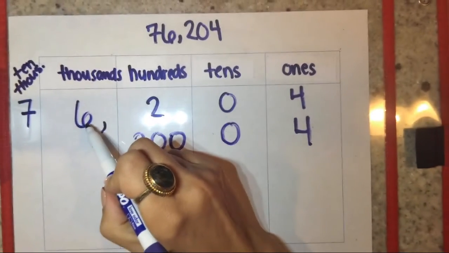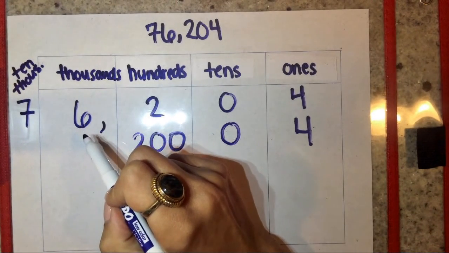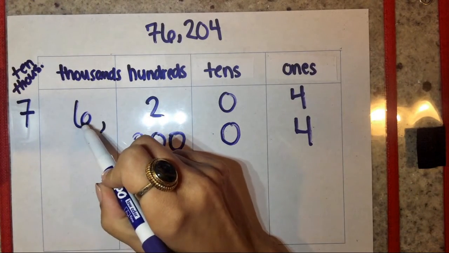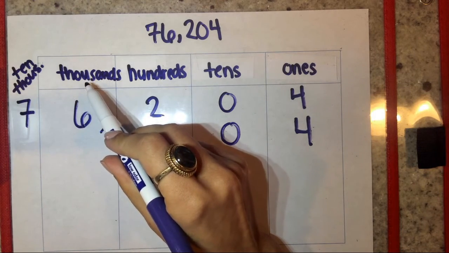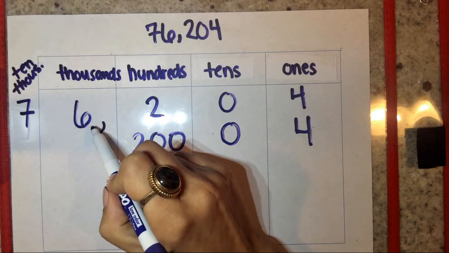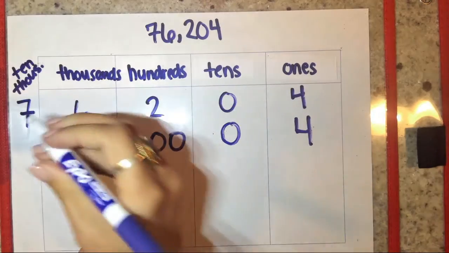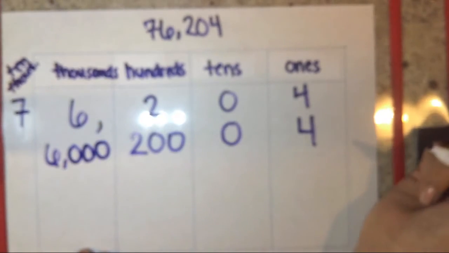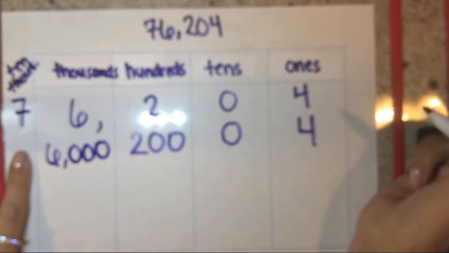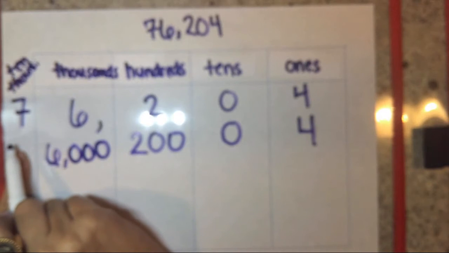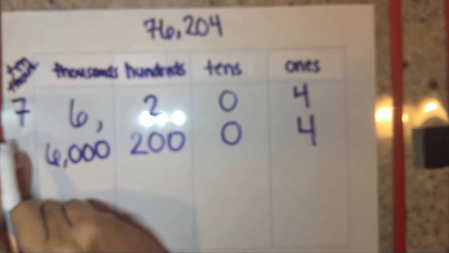We move on over to the thousands place and we say, what value does the 6 have in the thousands place? Then we come on over to the 7, which I know is a little bit squished, so I'm going to have to write our answer sideways.